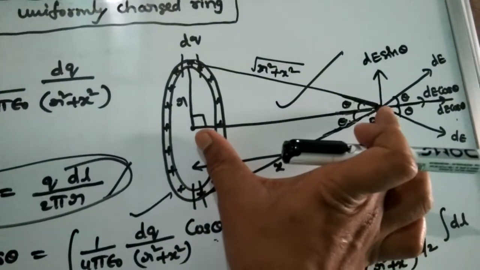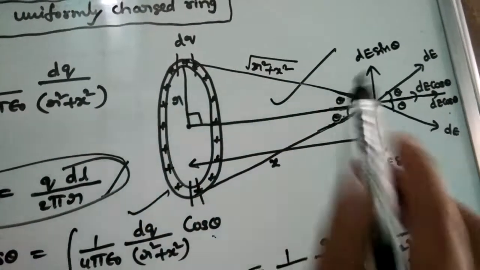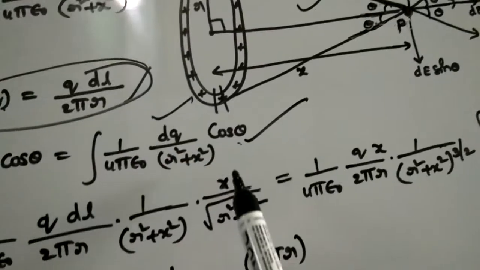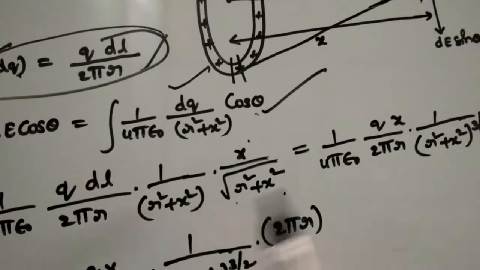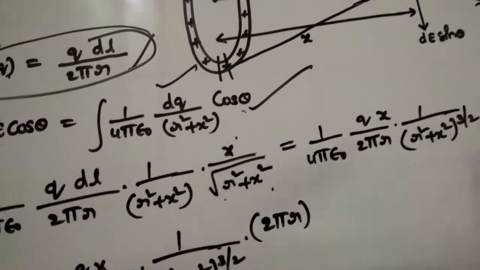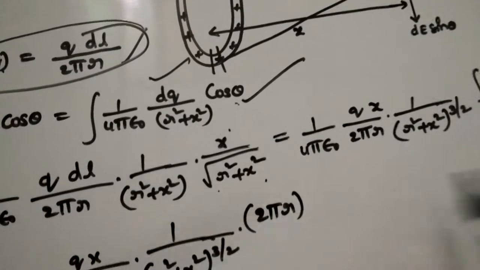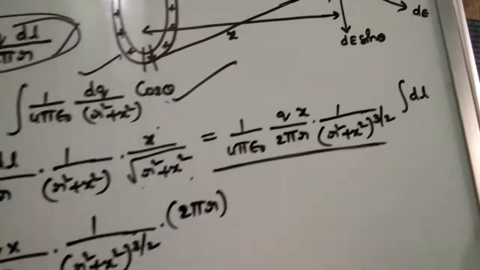The adjacent side is the distance x, and the hypotenuse is root of r square plus x square. So this cos theta value is x by square root of r square plus x square. Now bring all the constant terms outside, only integral dl is remaining.